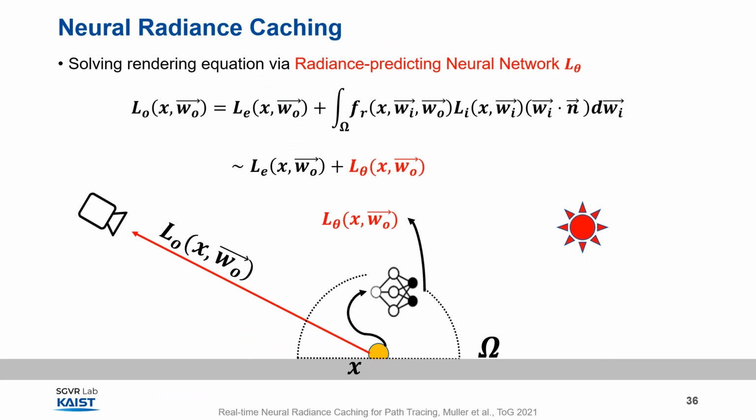And here, I'll introduce another interesting approach which uses neural radiance fields for path space denoising. So, the core of ray tracing is to solve the rendering equation here. What if we can train a neural network to predict the reflected radiance instead of integrating or computing samples?